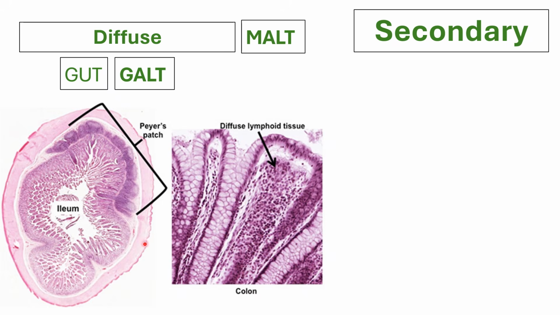So here, specifically in the ileum, you would have your nodules. And of course, it has a special name, Peyer's patch, as well. And then, of course, you will also have the diffuse version, not formed into nodules. This is usually seen in the lamina propria of the individual villi of the mucosa of your gut.